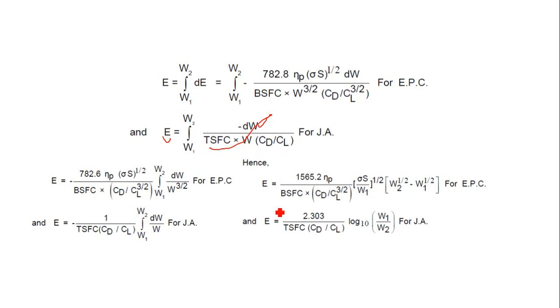After integrating and taking the constant terms outside, we get E equal to 1565.2 eta p divided by BSFC into CL by CD whole power 3 by 2 into sigma S whole power 1 by 2 into W2 to the power minus 1 by 2 minus W1 to the power minus 1 by 2. Students, write this equation. This is a much needed equation. In the same way, for jet powered, E equal to 2.303 divided by TSFC into CL by CD into log of W1 by W2. This is for jet engine. Write these two equations.